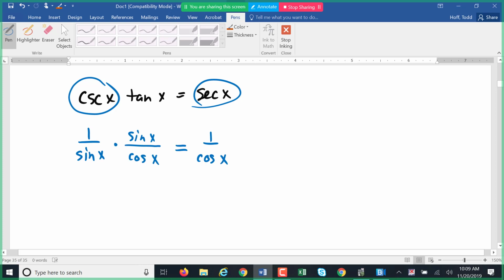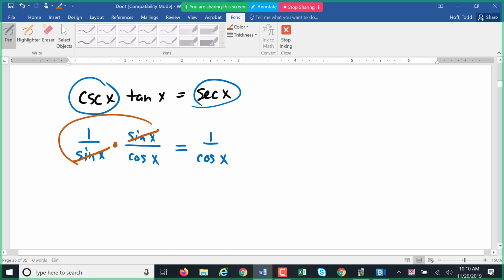So now that I've converted everything into sines and cosines, I look at what I can do. One of the things I can do is cancel out common factors, or I can cross-cancel within fractions. Here I have two fractions multiplied together. I can cross-cancel. Sine x and sine x can be divided out, giving me just 1 and 1.